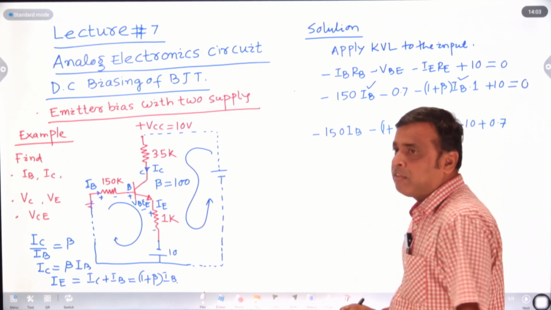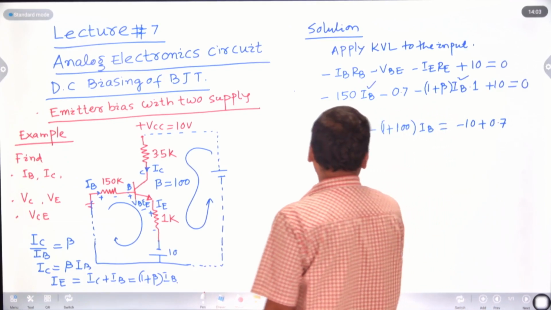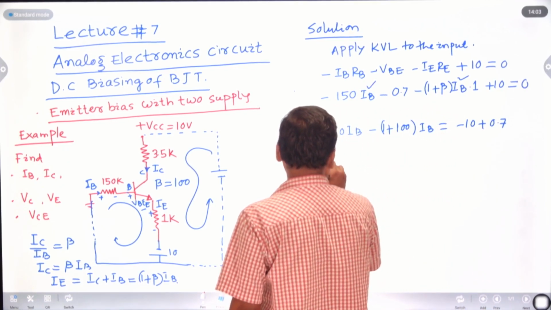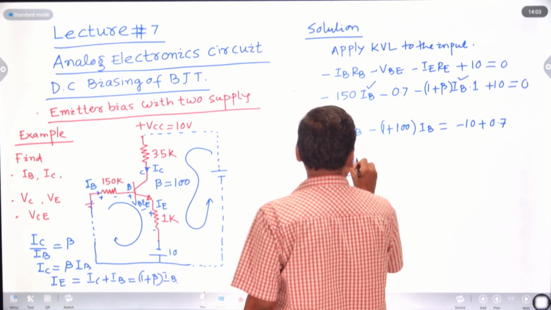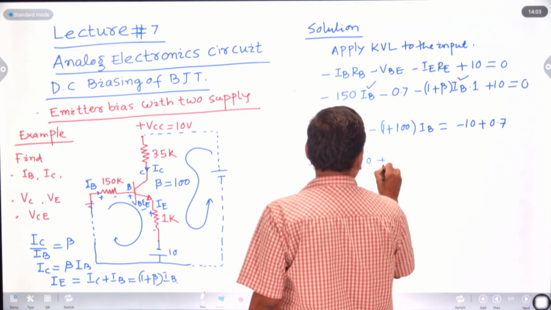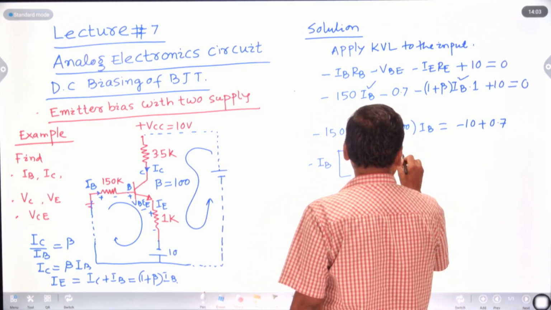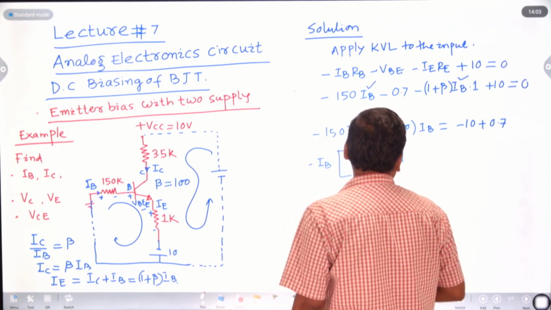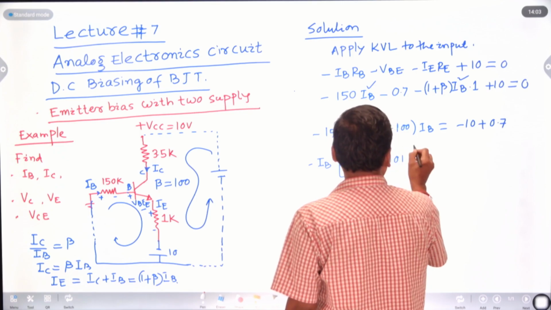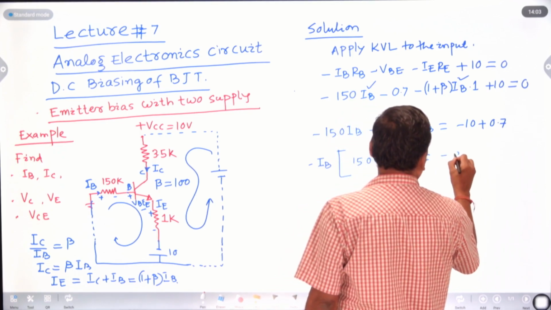RHS becomes negative, minus 10 plus 0.7. Taking minus IB common, the value here is 150 plus 100 plus 1, that is 101. RE value is 1, so multiplying by 1 gives the same value. 150 plus 101 into IB equal to minus 9.3.